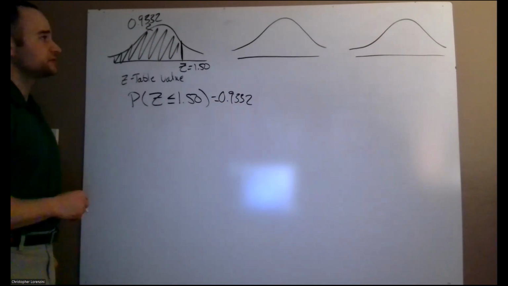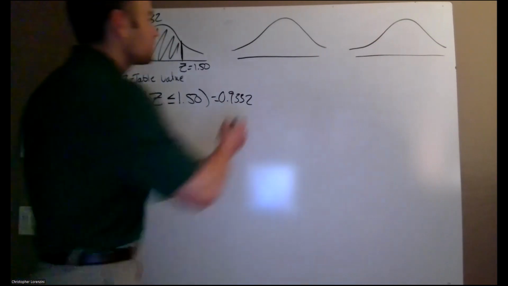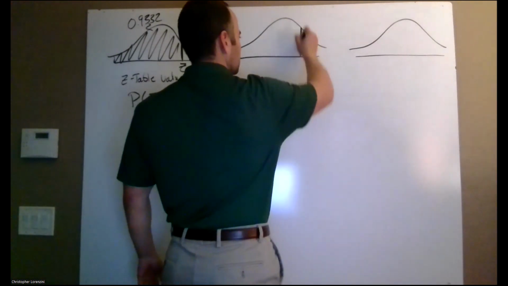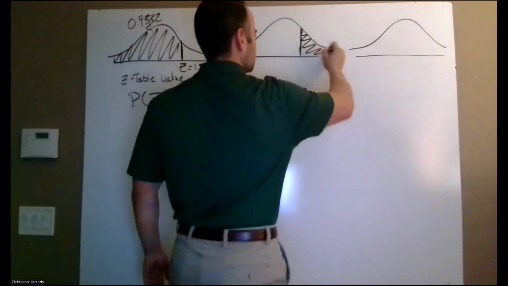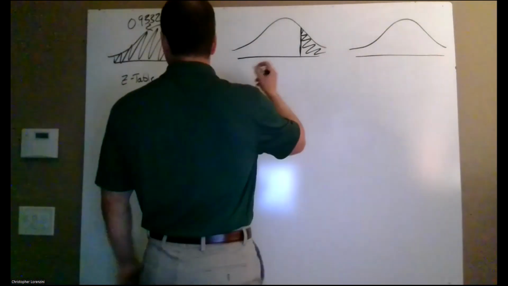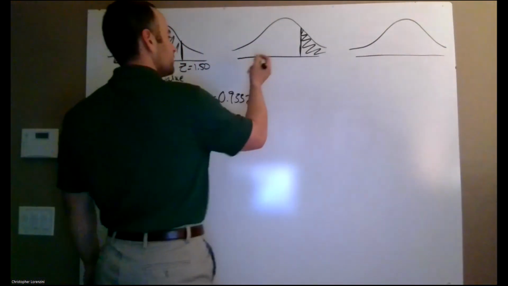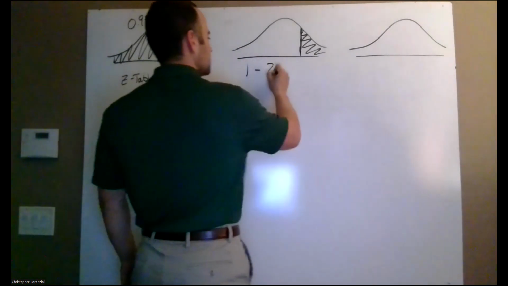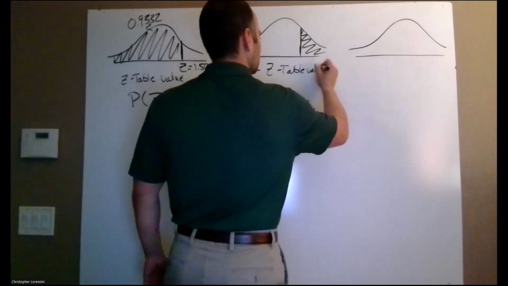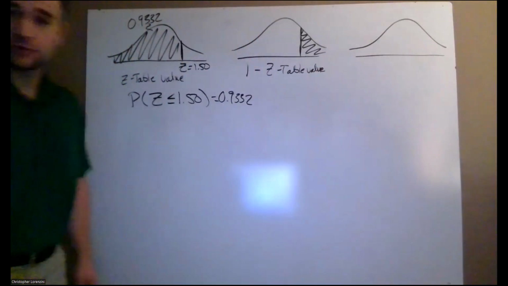Look up that value. In the scenario where we want to find the area under the curve to the right, maybe we have this scenario right here. What we do is take 1 minus the value I see on the z table.